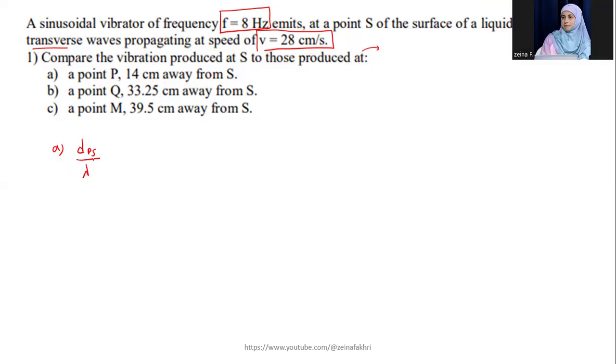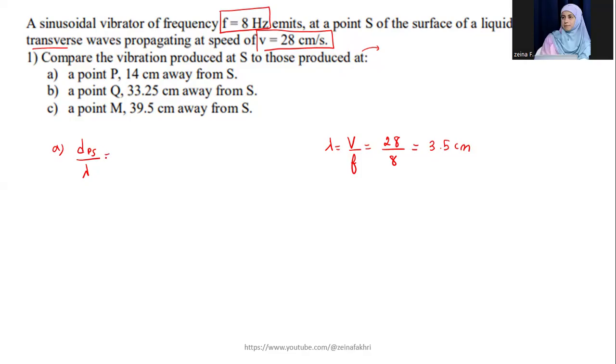But in order to find the answer, we have to find lambda first. So lambda is equal to v over the frequency, which equals 28 over 8. And here we can get the wavelength, and we can leave it in centimeter. So it will be equal to 3.5 centimeter.